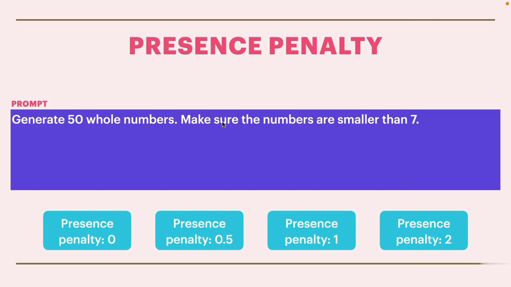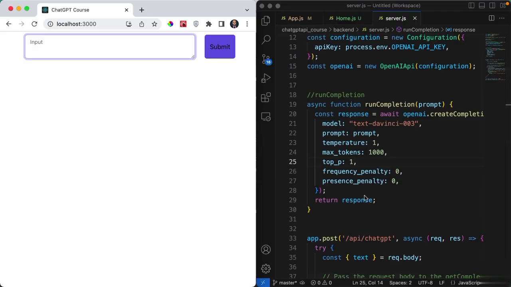So let's go ahead and run our prompts using different values. Let's run our prompts with different values of the frequency penalty, starting with 0, then 0.5, then 1, then 2, and also trying negative numbers to encourage repetition. I'm going to pause the video to save you time and run the prompts with the different values. Then I'm going to come back when I get all the outputs ready for analysis.